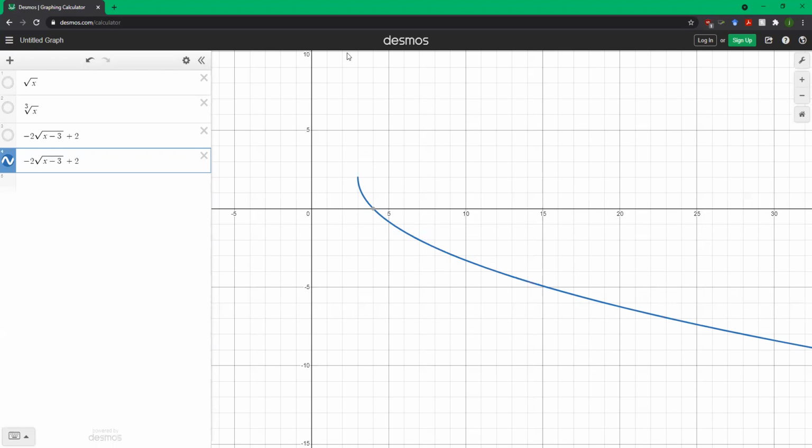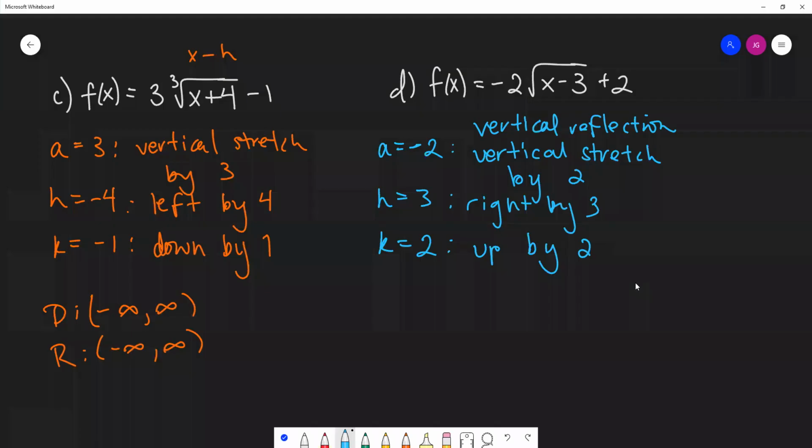So let's jot that down. Our domain went from 3 to infinity, and our range started at negative infinity and stopped at positive 2. So there's our domain and range.